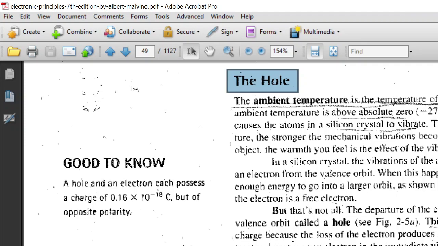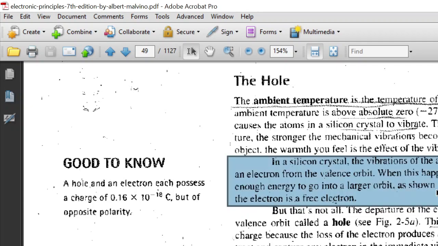Because of these vibrations, occasionally some electron can be dislodged from the valence orbit. This is purely a mechanical phenomenon. The vibration happens because of the ambient temperature, so some heat comes inside, causing the silicon crystal to get some heat, and this heat causes kinetic motion in the atoms.